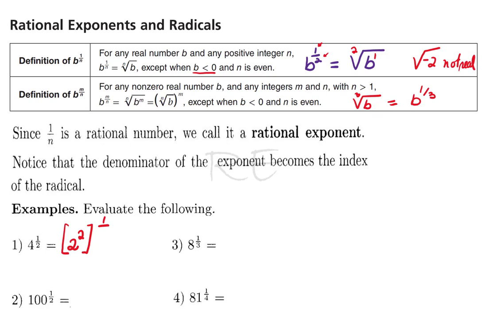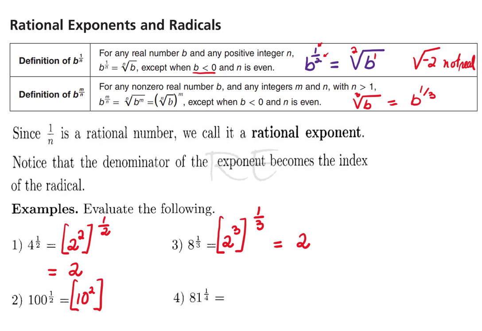We have 2 to the second to the 1/2, which is 2. 8 to the 1/3, 8 is 2 to the third to the 1/3. When we multiply them, we get 2 to the 3 over 3, which is 2.